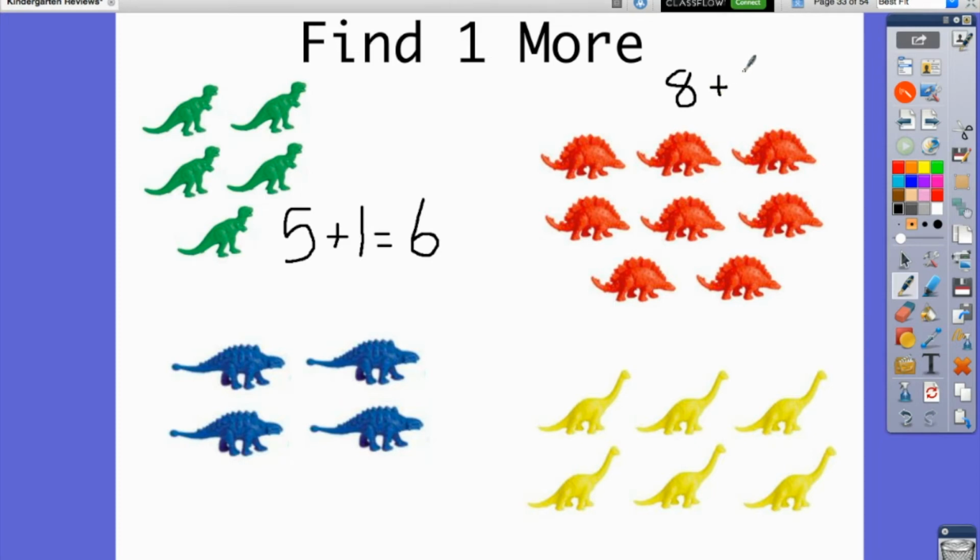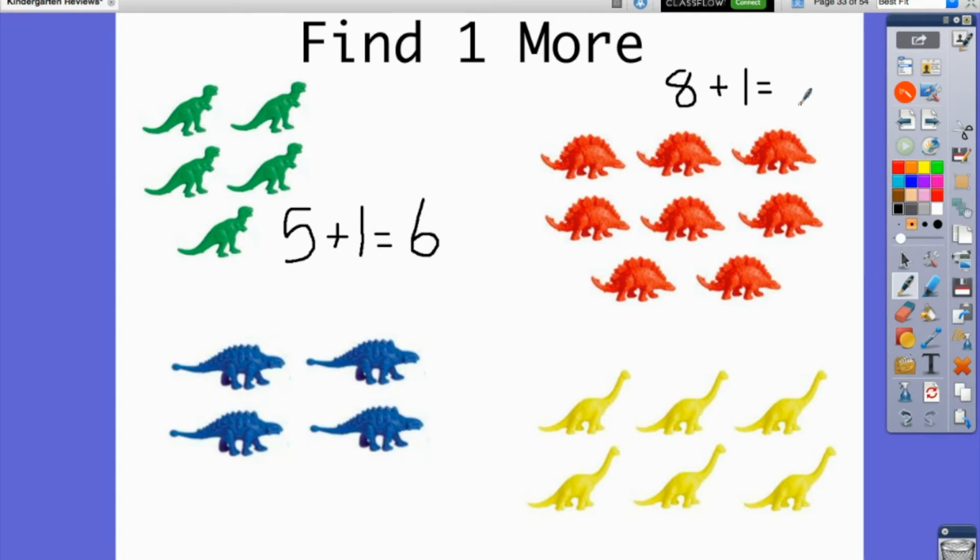What is one more than 8? If I have to use my fingers, I can do that. I can hold up 8 fingers. I want you to do that with me. Hold up 8 fingers in front of you. So we would have 5 on one hand and 3 on the other. 5, 6, 7, 8.